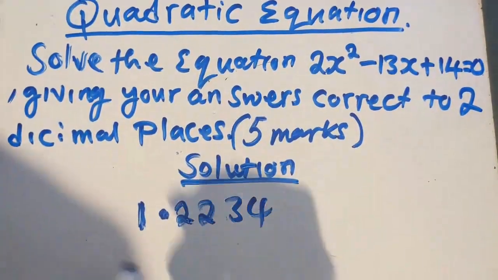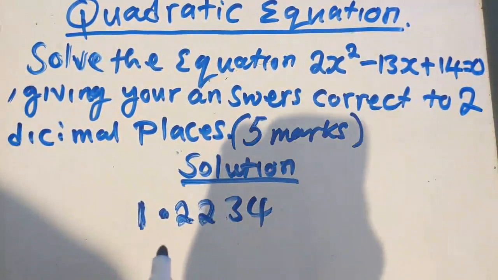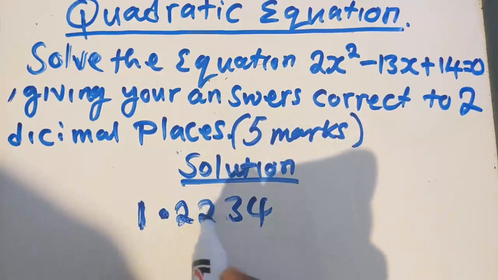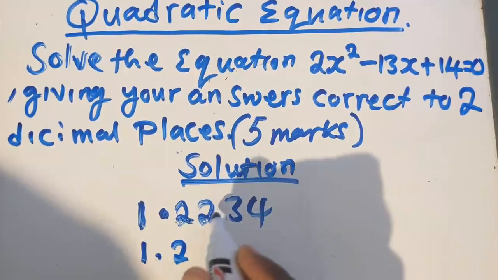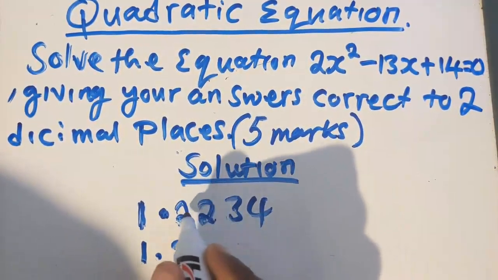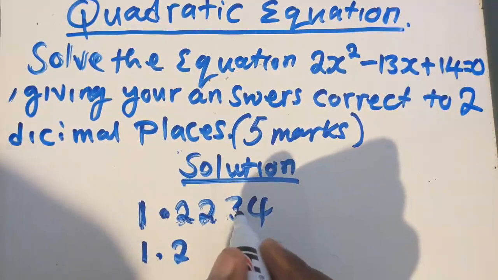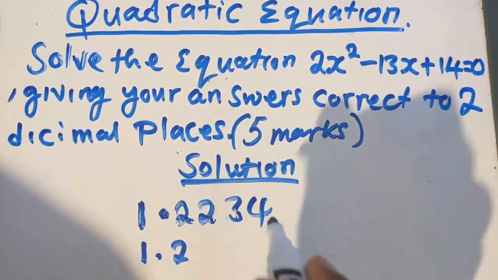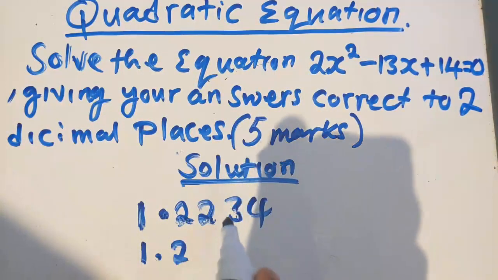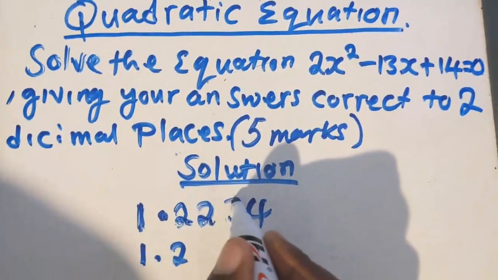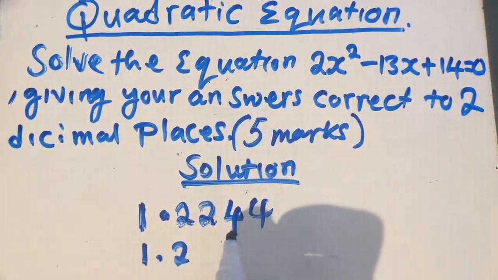Whenever you find this answer, at the end you need to round it off to 2 decimal places, meaning the numbers after the decimal point have to be 2. So you write your answer as 1.2 and then this number. If the number after the second decimal place is 4 or less, even if it is 4, don't add anything.